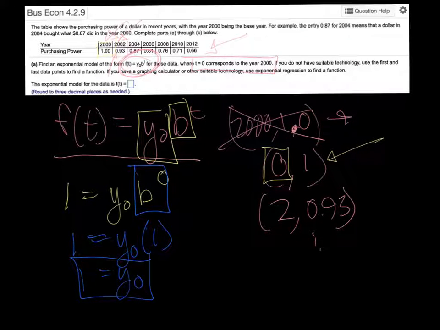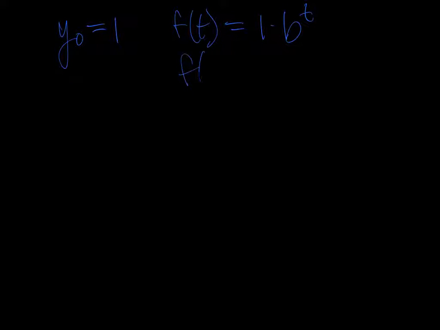Yeah, it was 0.93 right here. So if y sub 0 is equal to 1, our new generic equation now looks like this. f of t is equal to 1 times b raised to the t, which is simplified to be b raised to the t.